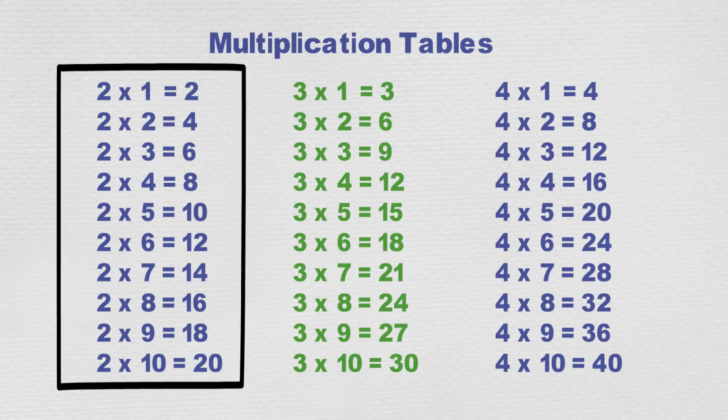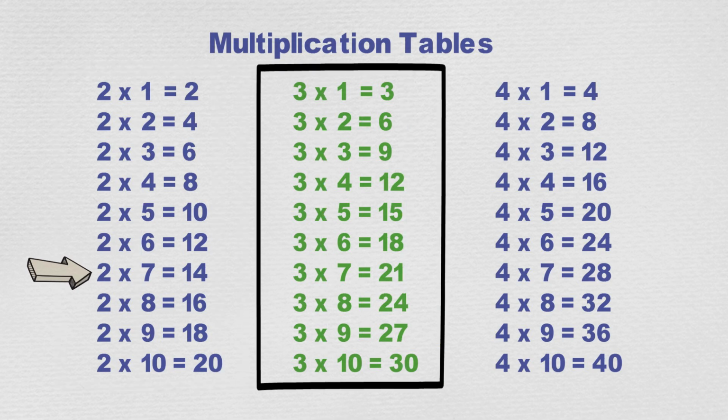The 2 times table shows the numbers from 1 to 10 being doubled, that is, being multiplied by 2. For example, you can see here that 2 times 7 equals 14. The 3 times table shows the numbers from 1 to 10 being multiplied by 3.